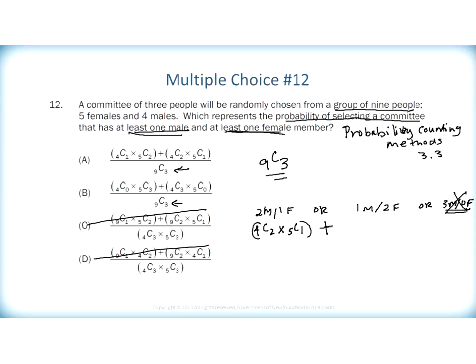Or, and of course we use plus, 1 male out of 4 males is 4 choose 1, times the 5 females to choose from filling 2 spots, 5 choose 2. So if we look at A, in A we have 4 choose 1 times 5 choose 2, and 4 choose 2 times 5 choose 1. So the answer is A.